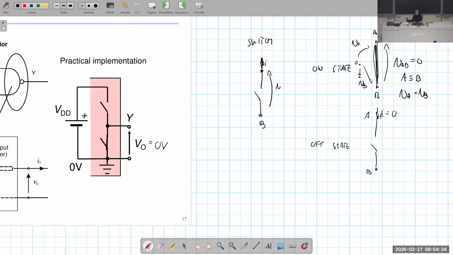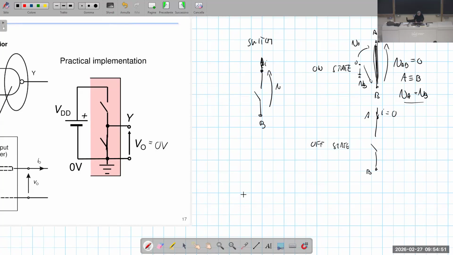No current flows from A to B. When the switch is on, the current flowing in the switch depends on the external circuit. We cannot say in advance. When the switch is off, the voltages A and B can be different, are no longer constrained to be the same, but the current flowing through the switch is 0. So basically, A and B are disconnected.